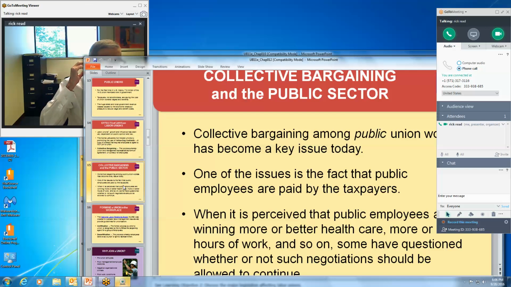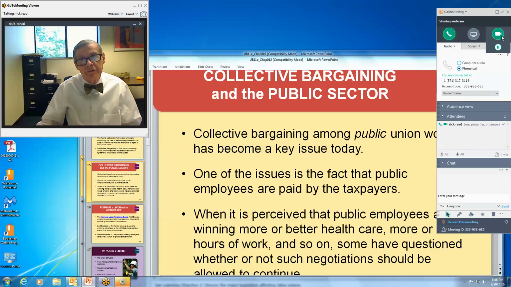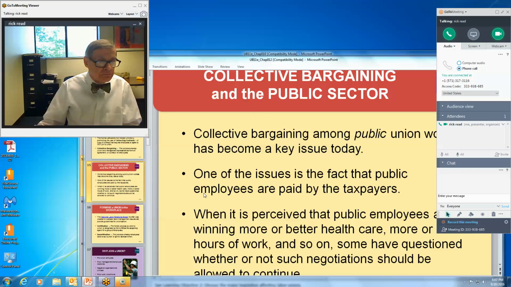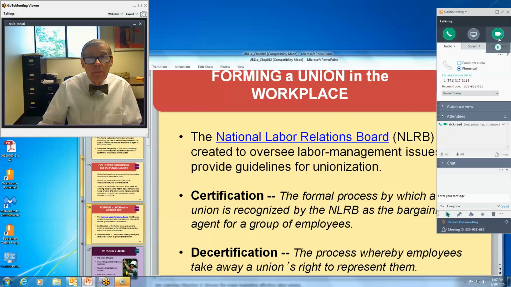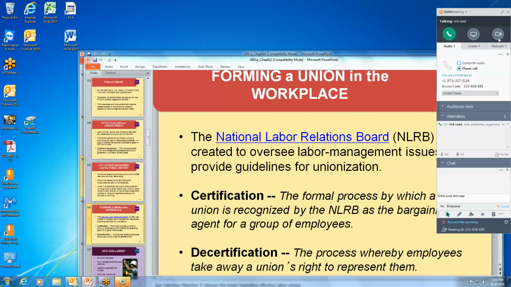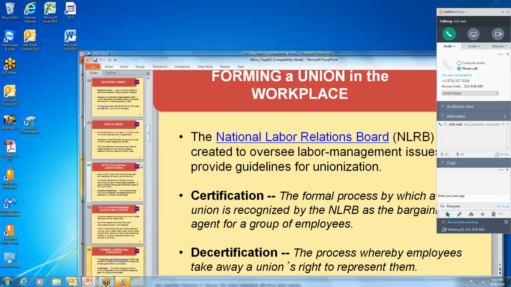Collective bargaining is a key issue, and it's a key issue no matter whether it's a private union through the AFL-CIO or a union with public sector employees. Forming a union, by the way, you can see the laws that came into being to help unions and people to become unionized in figure 12.1 on page 338 at the top.